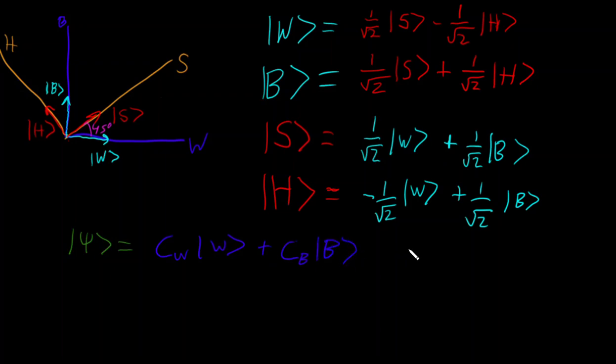This is the color basis. So the question is, how do we change from the color basis to the hardness basis? How we're going to do that is pretty simple, and I'll show you. Hopefully you know how to do this, and if you do, pause the video by all means and try to do this yourself.